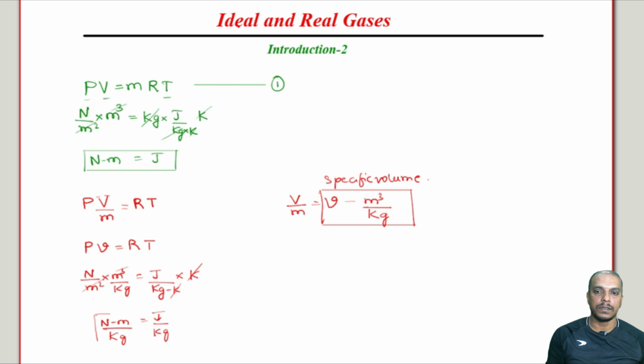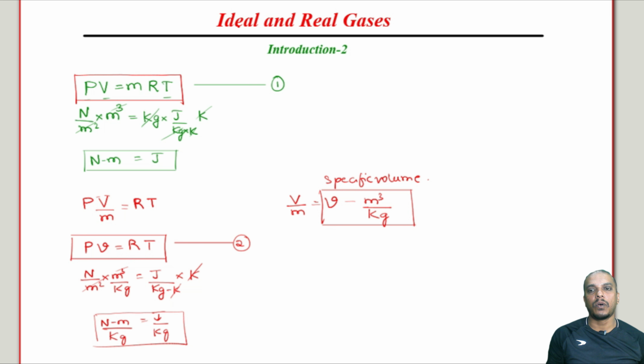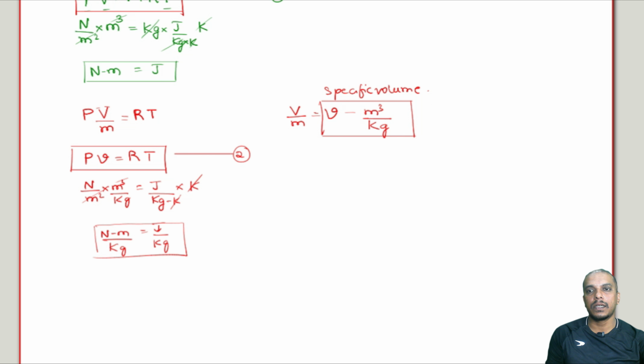So, the equation is balanced. And very important, the same equation 1 can be rewritten in the form Pv = RT. So, this was our equation number 1. The same equation can also be rewritten in this form, Pv = RT, where this is small v, which is specific volume.